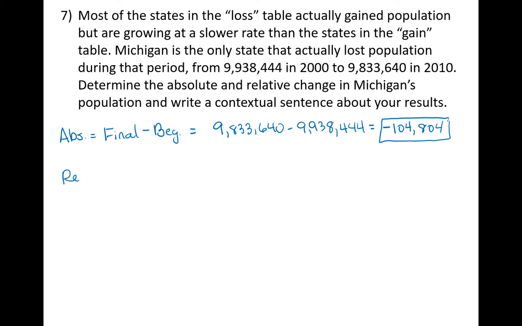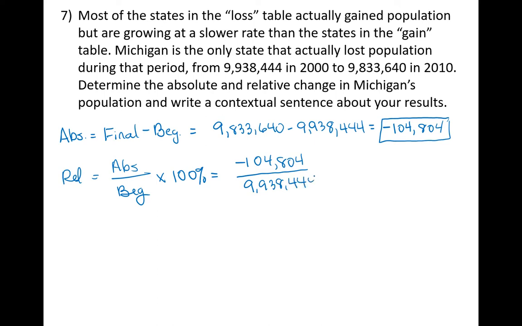The relative takes that absolute amount and compares it to the beginning amount. And then to make it a percentage, we multiply by 100%. So negative 104,804. The beginning amount was 9,938,444.